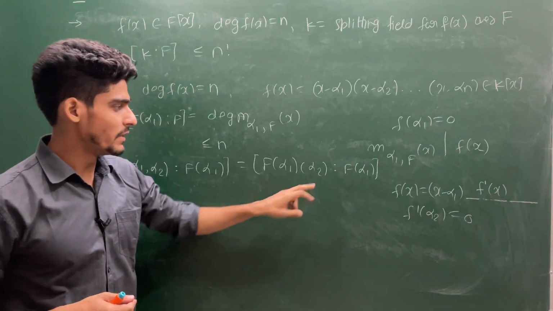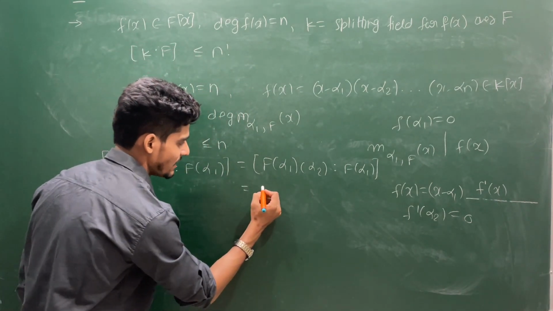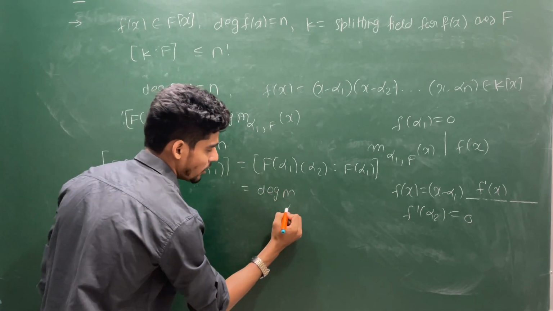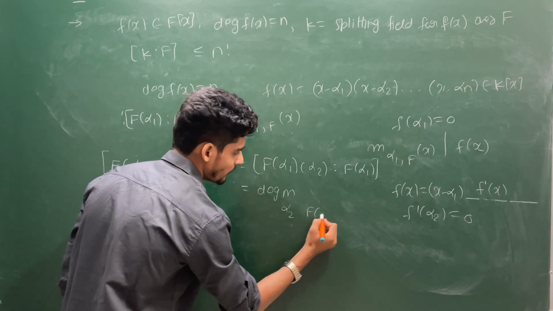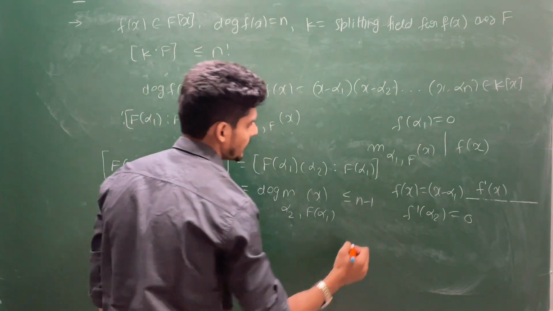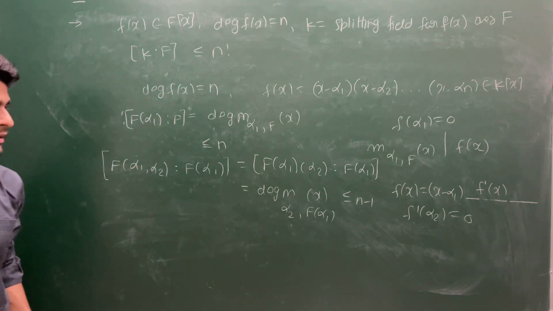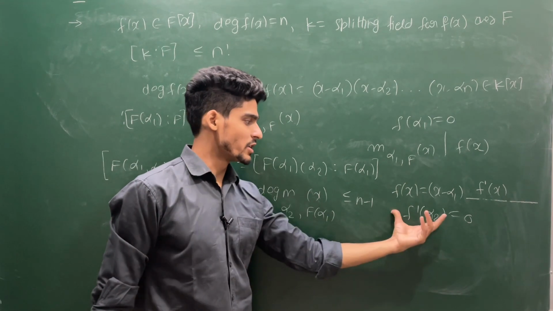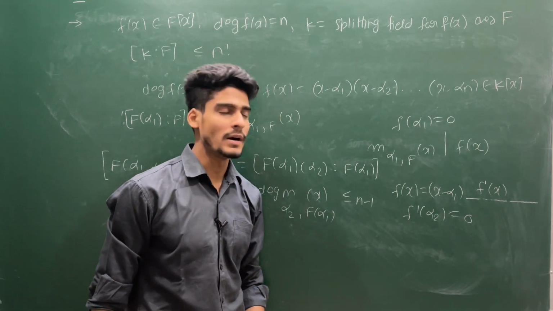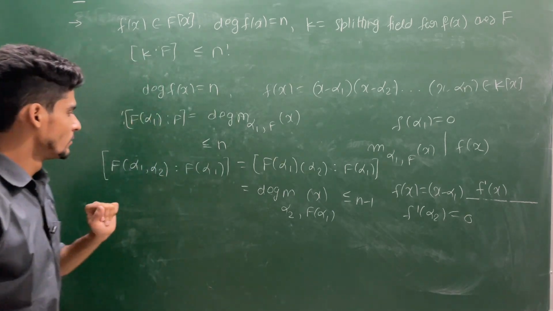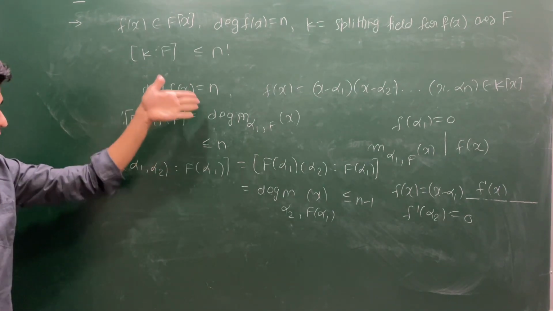So this is exactly the same as the degree of the minimal polynomial of alpha 2 over the field F(alpha 1), and this can have degree at most n minus 1, because the minimal polynomial of alpha 2 over F(alpha 1) must divide f prime(x). So once you understand this, proceed in the similar manner.